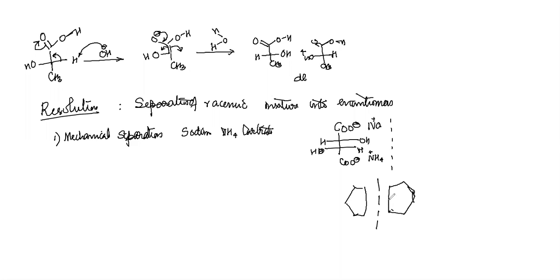You can see the mirror images. So what you can do is pick them up by looking with your eye or through a microscope. And this is how we first separated the enantiomers.